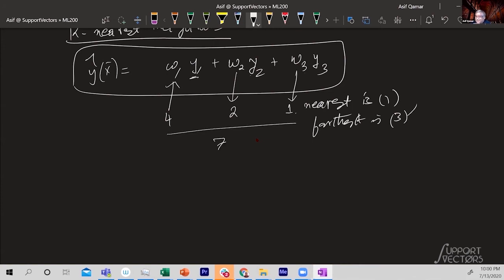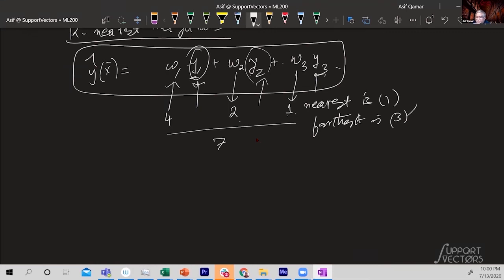So 4/7, 2/7, and 1/7 is the weight you associate with each of these readings. Then you get a weight that is more representative of the nearest than the farthest. Are we making sense, guys? At the same time, you're not only looking at this one's weight, you're looking at other neighbors' weights also.